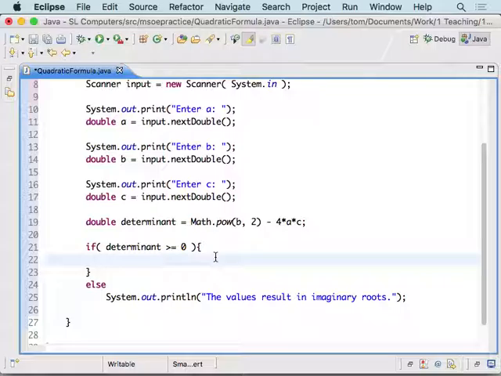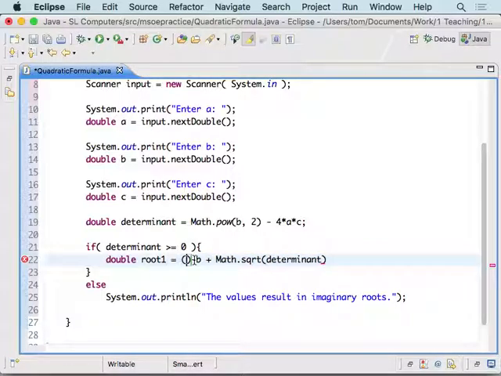Okay? So we could say like double root 1 equals, and then we could say the opposite of b plus the square root, so math.sqrt, of the determinant, okay? And I want to divide all of this by 2a.